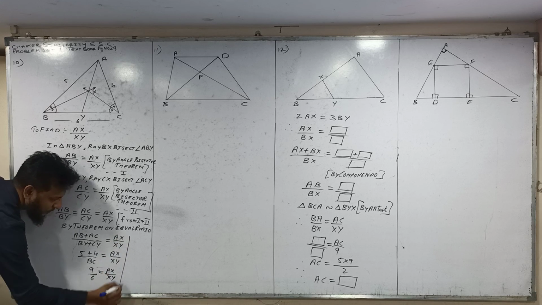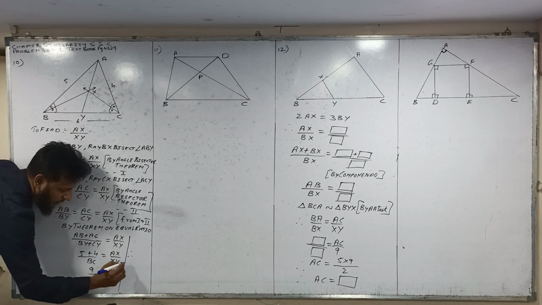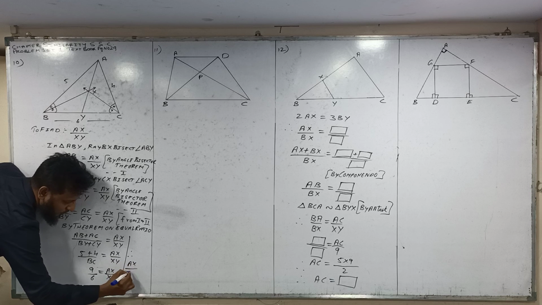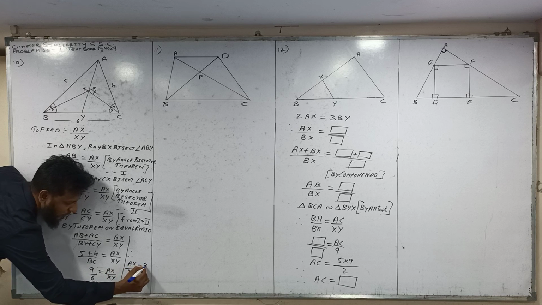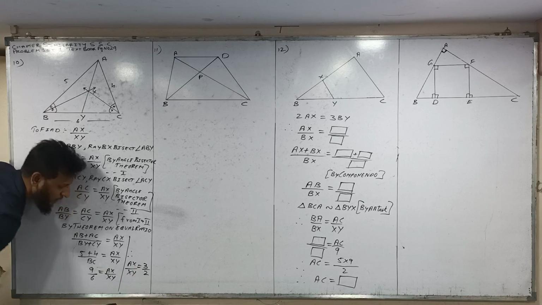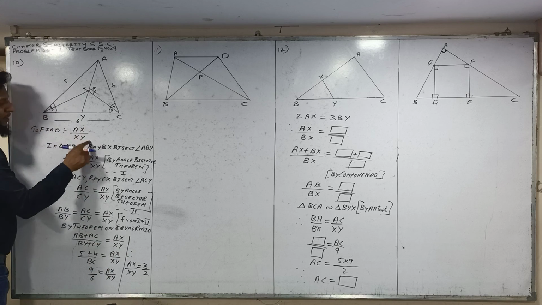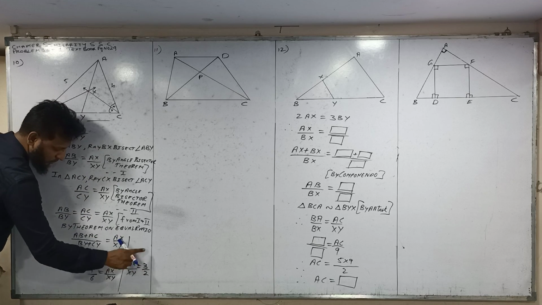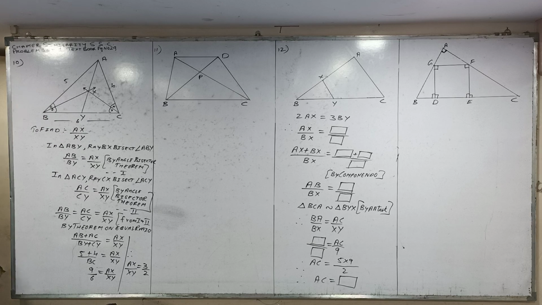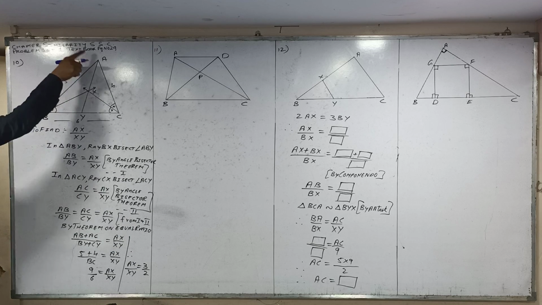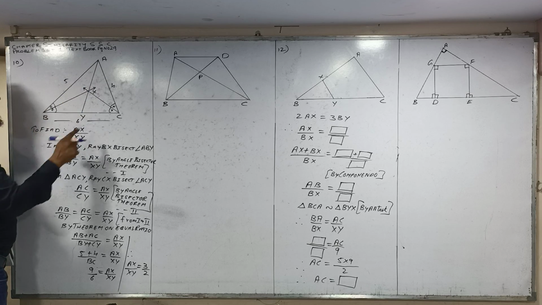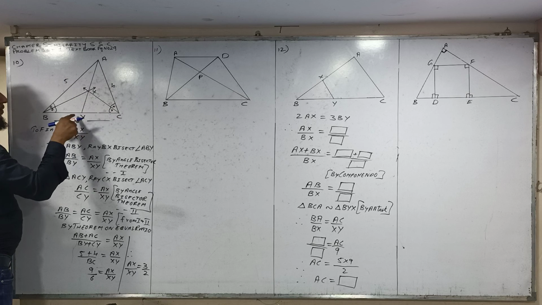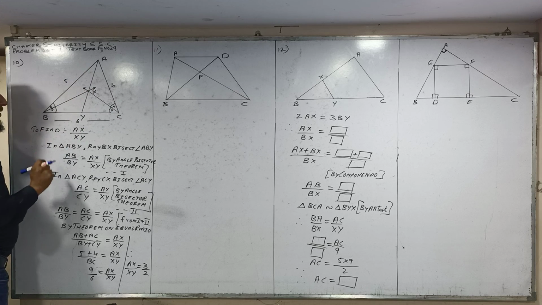Therefore AX upon XY is, 3 threes are 9, 3 twos are 6, so 3 upon 2. So the proportion of AX upon XY is 3 upon 2. We have done this sum. In this triangle, AB upon BY equal to AX upon XY, and in this triangle AC upon YC is equal to AX upon XY.